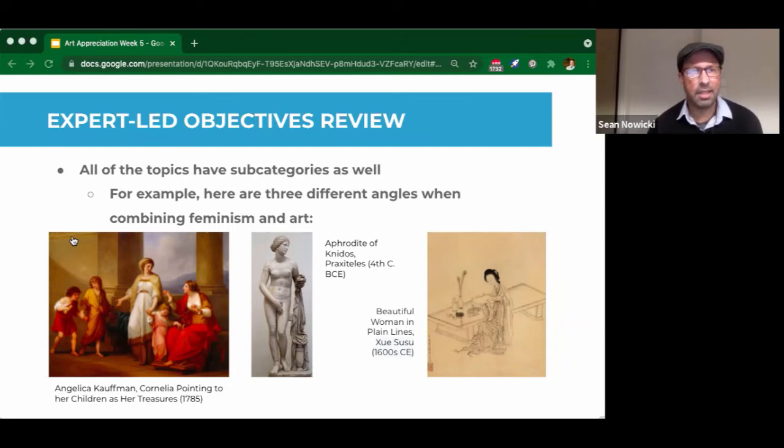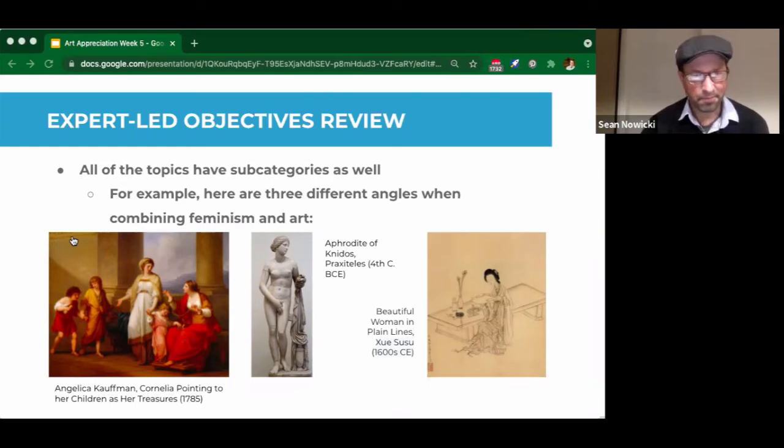So if we look at the one on the left, by, her name is Angelica Kaufman, it's called Cornelia Pointing to Her Children as Her Treasures. I think she was a German woman, but she was in England. She was one of two women that were allowed to be in the painting academy in England at the time. Although when they would do drawings or paintings of nude men, the women weren't allowed.